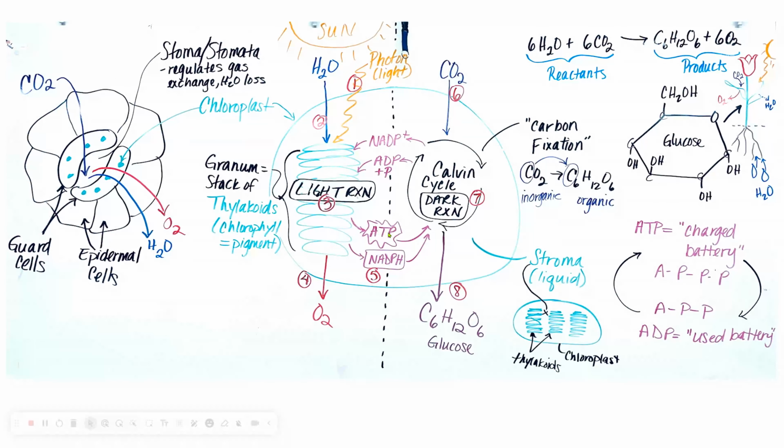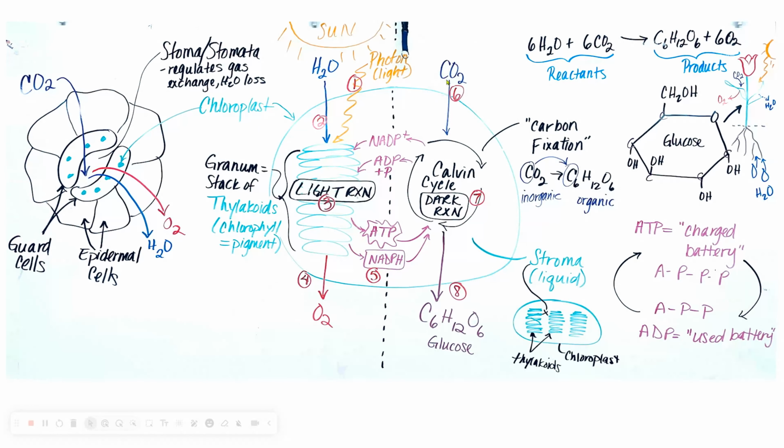Lots of ATP and NADPH are used to build, ultimately, molecules such as glucose or other organic compounds. But this is a cycle, and so those molecules that don't become part of glucose are recycled in the system so that they can continue the cycle. The used up ATP and NADPH are changed into NADP plus and ADP and a phosphate, which will then be recharged by the light reactions.